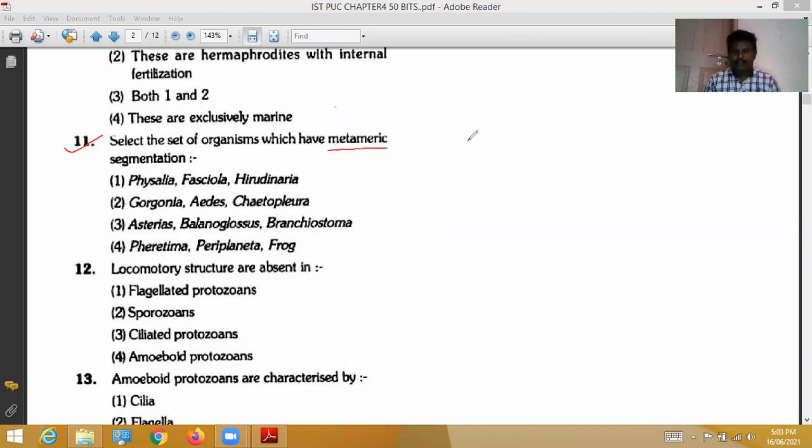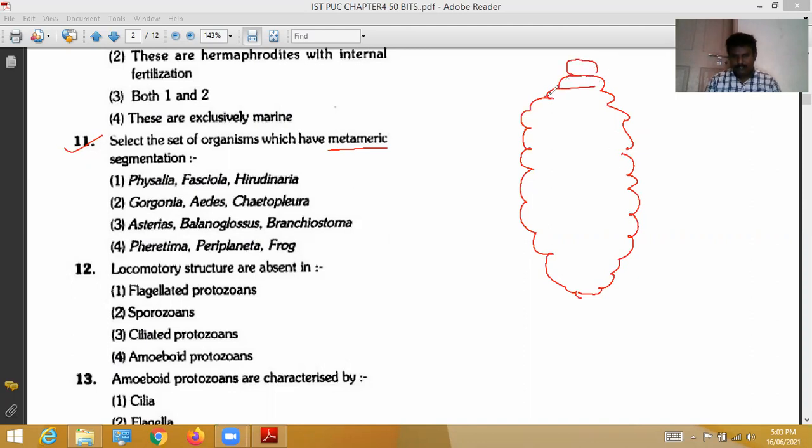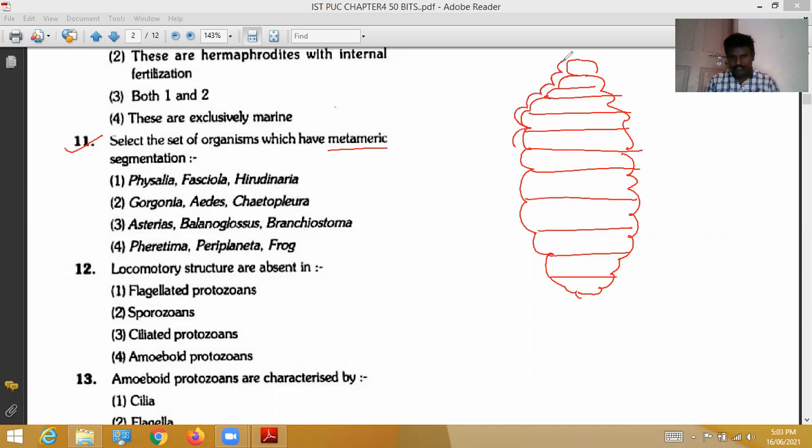First of all, here metameric segmentation means that in some organisms of the phylum Annelida, the body is metamerically segmented, from the external surface to the internal surface.